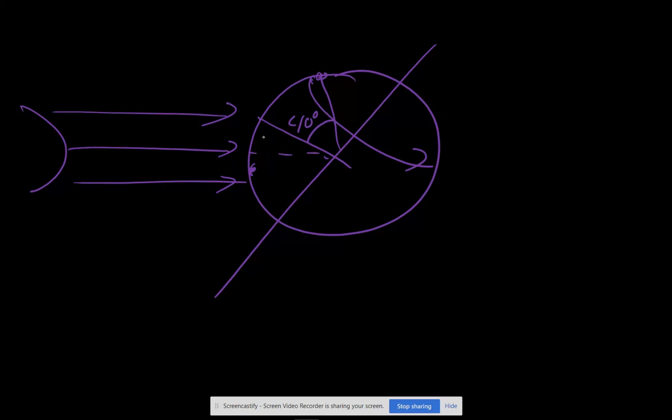And then the Earth is tilted 23.5 degrees. What's the angle between my zenith at 40 degrees north and the sun? Yeah, that's 63.5 degrees.